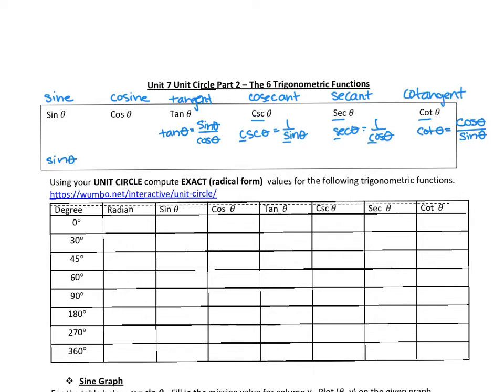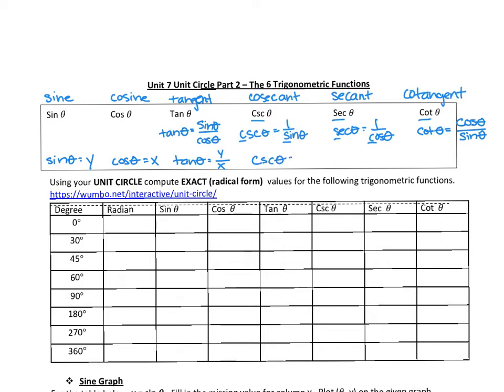We've learned that sine theta is equivalent to the y coordinate from our unit circle. Cosine theta is equivalent to our adjacent side, the x coordinate, and tangent theta is my opposite over my adjacent, or my y over my x. So we use those same coordinates for these three trig functions.